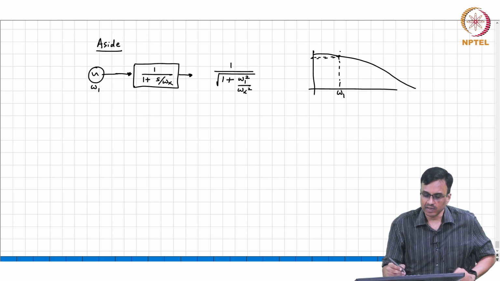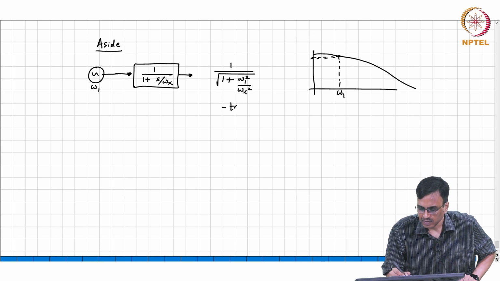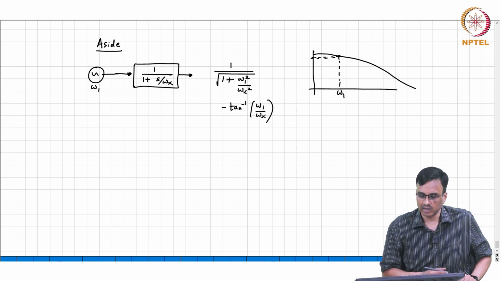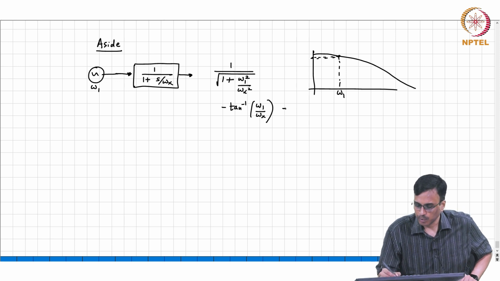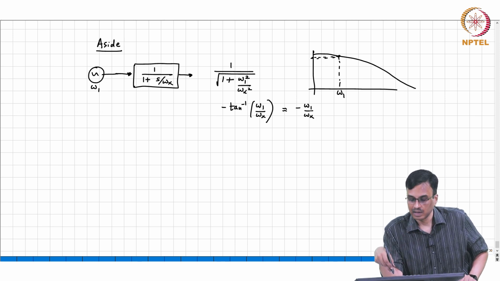On the other hand, what is the phase shift between the input and the output? Minus tan inverse omega 1 by omega x. For small omega 1 by omega x, the tan inverse is approximately minus omega 1 over omega x, correct. So which is more sensitive to omega x?